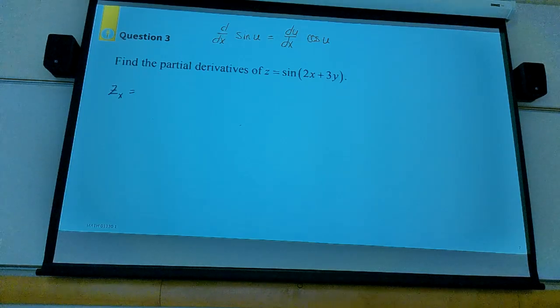See? You just made that mistake that I just said. Remember, y is a constant. What's the derivative of a constant? So 3y is a constant. Its derivative with respect to x is 0. The 2 cosine of 2x plus 3y.